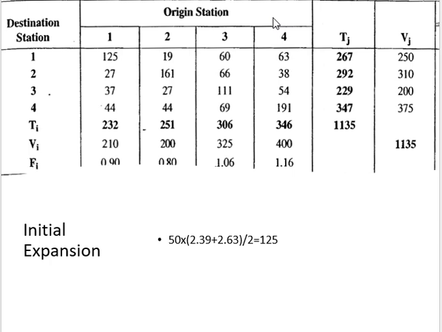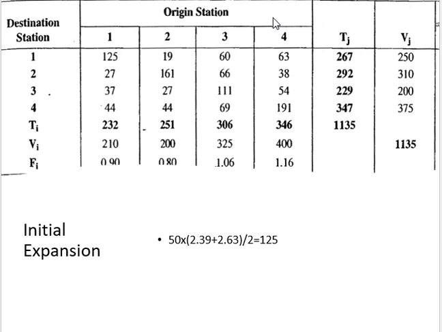So 125 multiplied by 0.9 plus the factor, averaged. Clear?